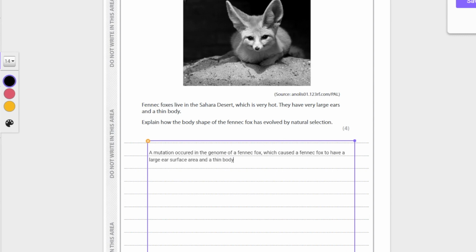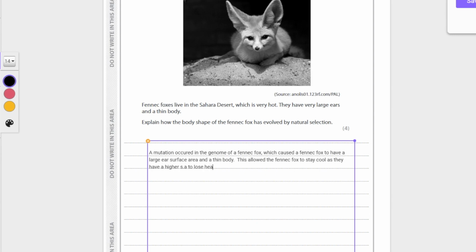Due to this, the fennec fox was able to stay cool, because we know that a larger surface area, thin skin, because they're in the desert, gives them a larger surface area to lose their heat, to stay cool, as they have a higher SA to lose heat.